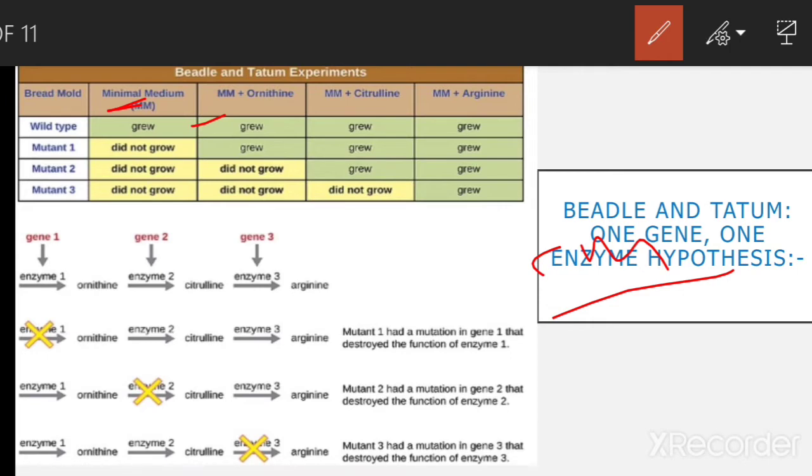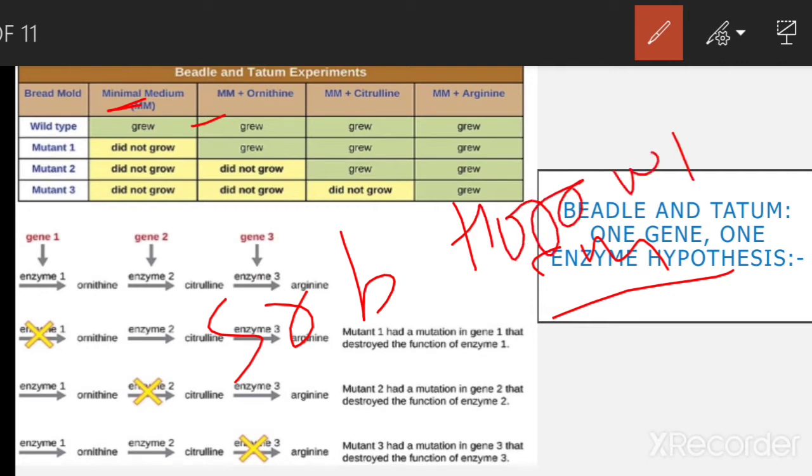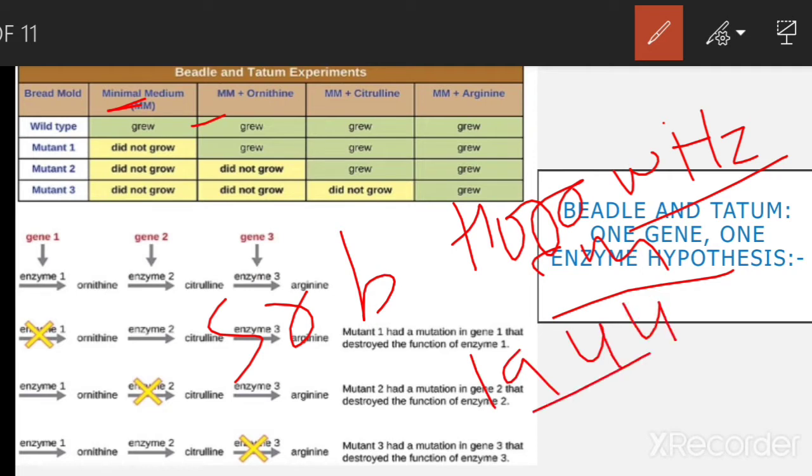For example, Srb and Horowitz in 1944 tested the ability of different amino acids to rescue auxotrophic strains, and these amino acids were the intermediate metabolites that take part in the arginine biosynthesis.